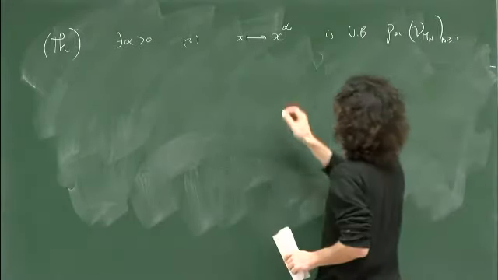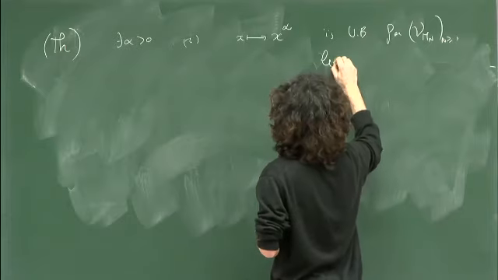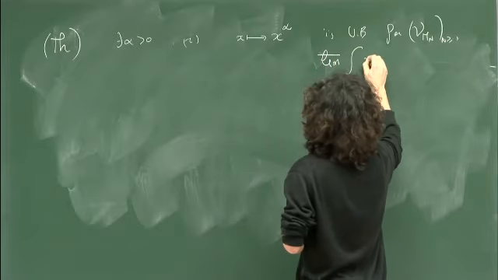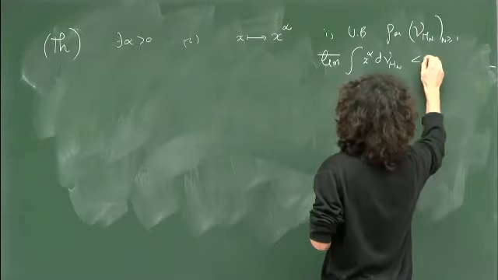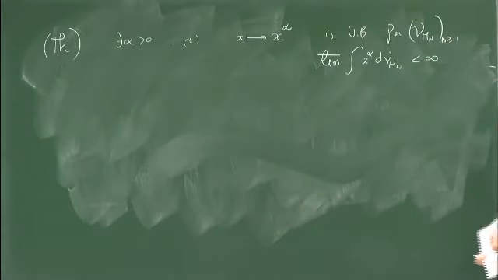What do I mean by that? By saying that the lim sup of the integral of x power alpha d mu n is finite.